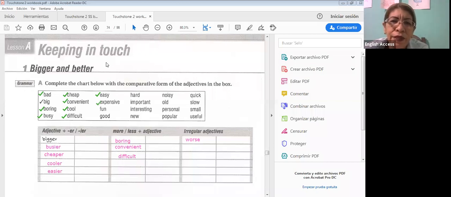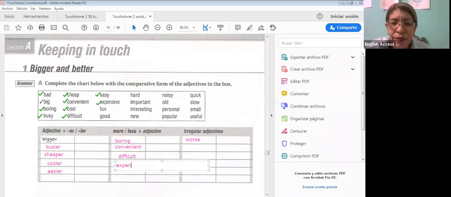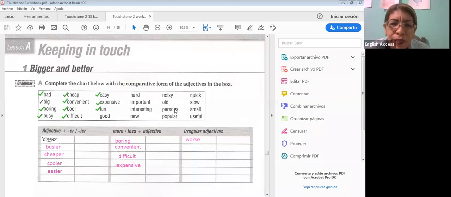Expensive. More expensive or less expensive? Okay, more expensive, less expensive. Correct. Fun. Yes, but this one is an irregular, okay? Remember, there is an irregular adjective.